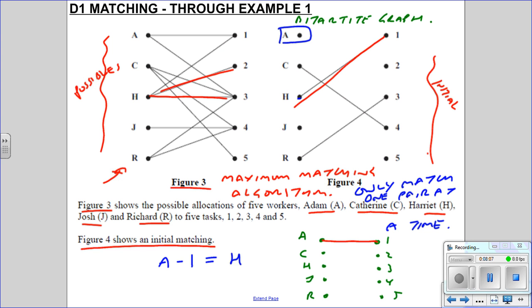So therefore, I'm going to allocate Harriet to job 2. So Harriet is now job 2. Do you see? And wow, we have now matched a person to a missing node. So this would be interpreted as a breakthrough.